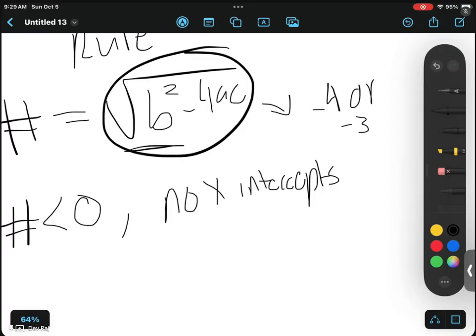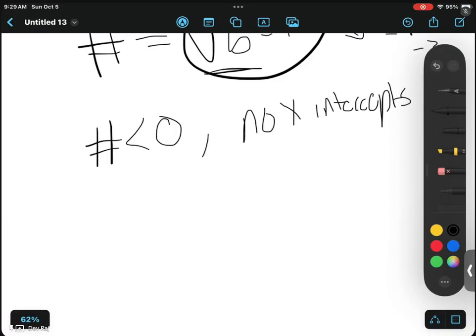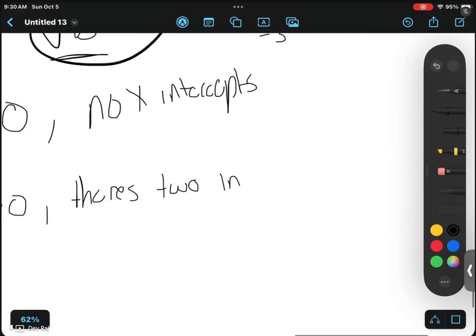That's clear? Okay. And then there's 2 more. If the number is greater than 0, then there's 2 intercepts, right?